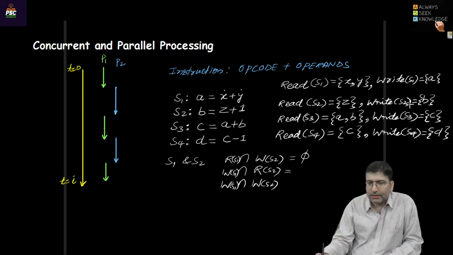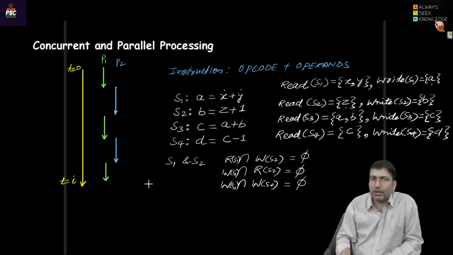The write set of S1 is A and the read set of S2 is Z, so there is nothing common; it is also phi. The write set of S1 is A and the write set of S2 is B, so there is also nothing common; it is phi. That means S1 and S2 can be executed concurrently or in parallel.